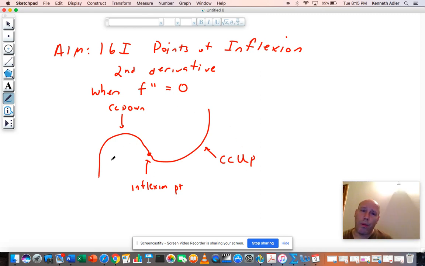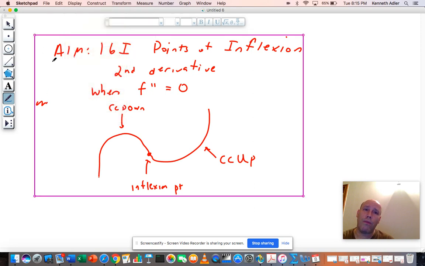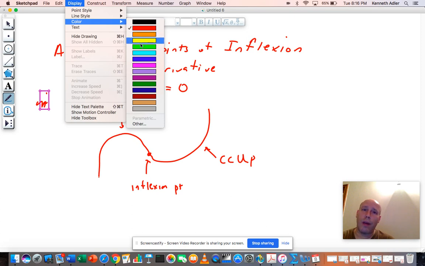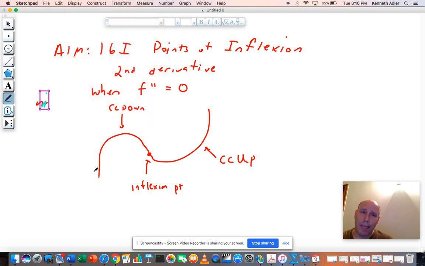Once again, let me change the color. I need some surfboards. We see the surfboard is above the curve, above the curve, above the curve. Suddenly, at the inflection point, it's neither above nor below.